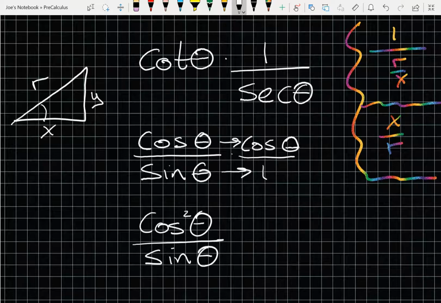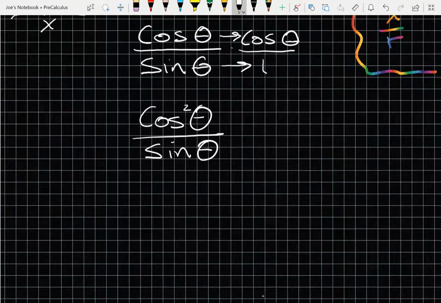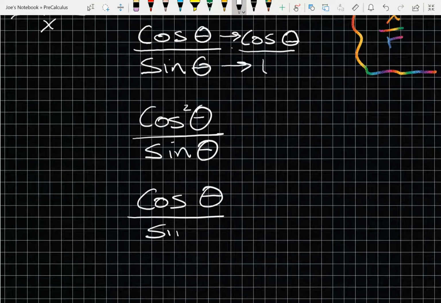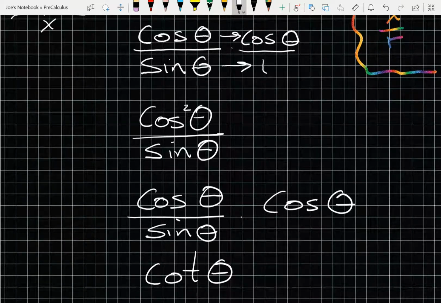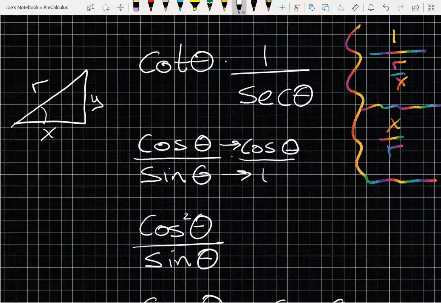There's another way I could write that, and it could be written many ways. Let me show you what I'm talking about instead of just talking. That could be cosine over sine times cosine. And that cosine over sine would be my cotangent times my cosine. What did I start with originally?